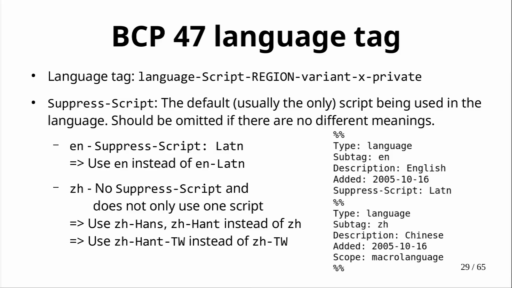So it is recommended that we use ZH-HANS, which means the simplified Han script, and ZH-HANT, which means the traditional Han script, instead of ZH. Based on this context and for better fallback, we use ZH-HANT-TW instead of ZH-TW, so it can properly fall back to HANT instead of simply ZH, which in more modern contexts might fall back to the simplified one.